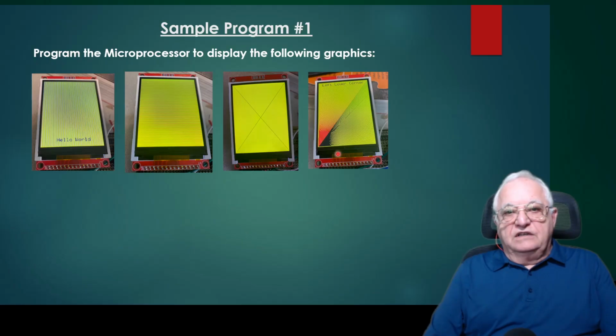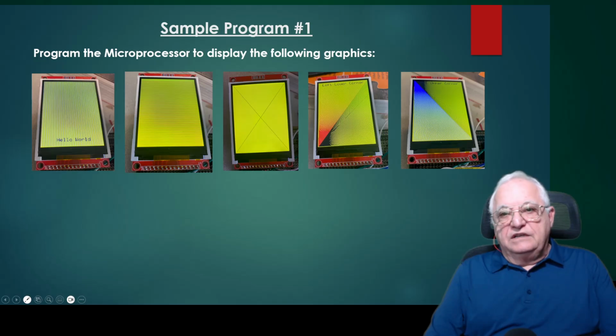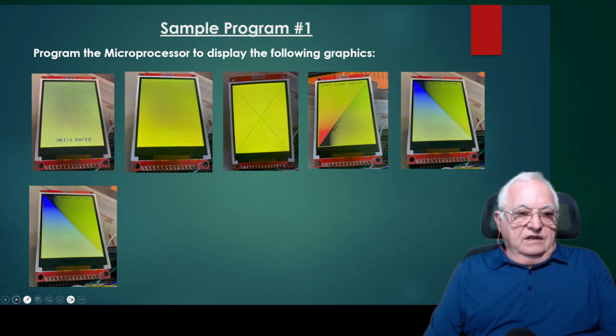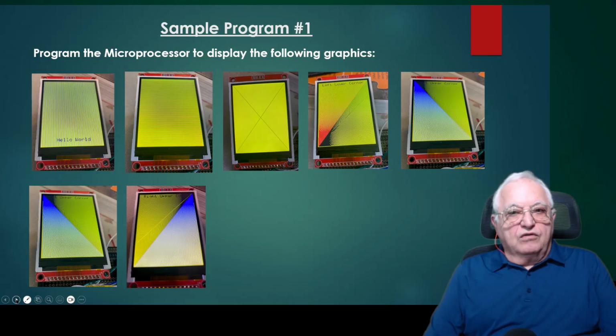Then we'll start drawing lines that start in this corner and move all around. Then we'll start in this top corner, and then we'll do the same thing covering the 4 corners.